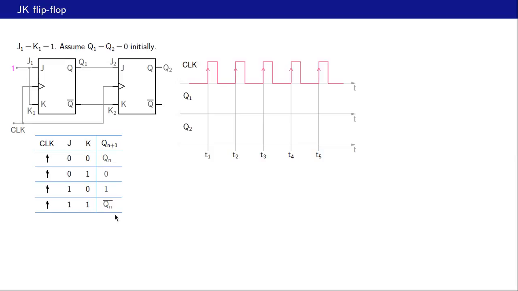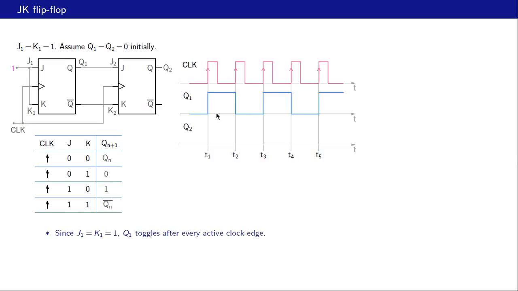This is our transition table. Alright, now in this case, since J1 and K1 are both 1, we are looking at this row of the table. Qn plus 1 is Qn bar. That means Q1 is going to toggle after every active clock edge. It's going to change after this edge, after this edge, after this edge, and so on.